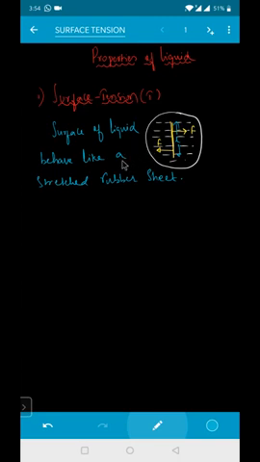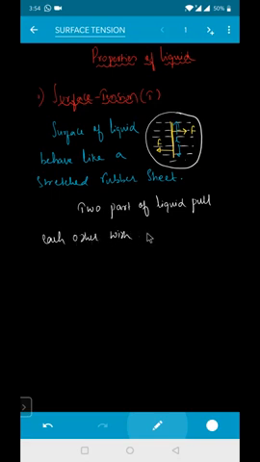So now I can say that the two parts of a liquid pull each other with a force. This part of a liquid and this part of the liquid are pulling towards each other. So that pulling force per unit length is called your surface tension. Is it clear? So I can write here: two parts of your liquid pull each other with a force capital F, isn't it?